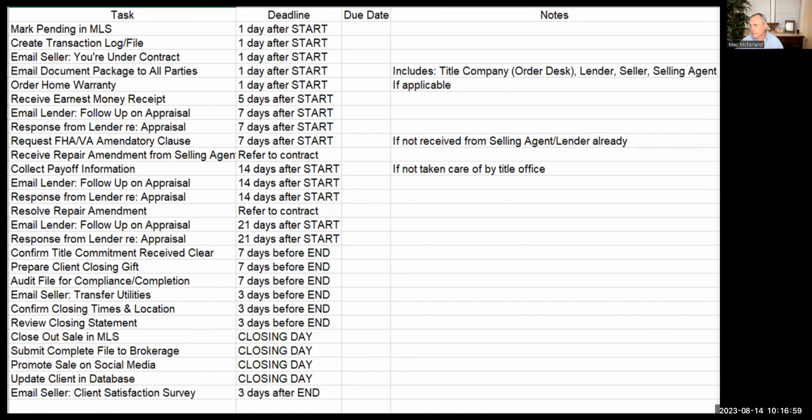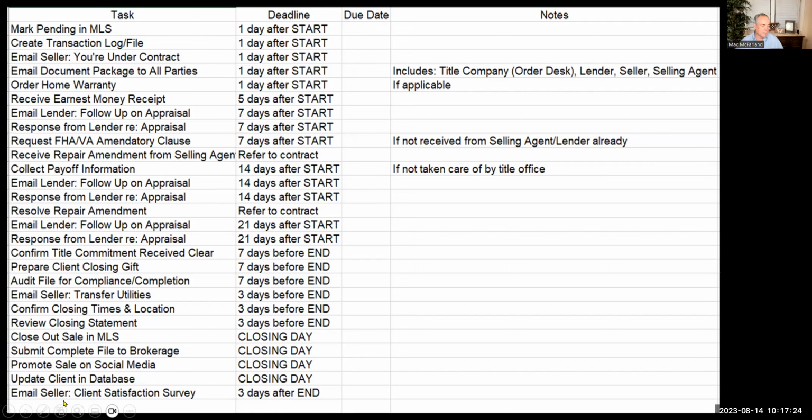task list. Alex is really good about stuff like this. Here's a task list. This is on the seller side, the listing side, so I can go into Zip Forms and set this all up so that these forms become due like 21 days after I hit start, 21 days after it's created, in other words, or 7 days after, whatever you have on there.